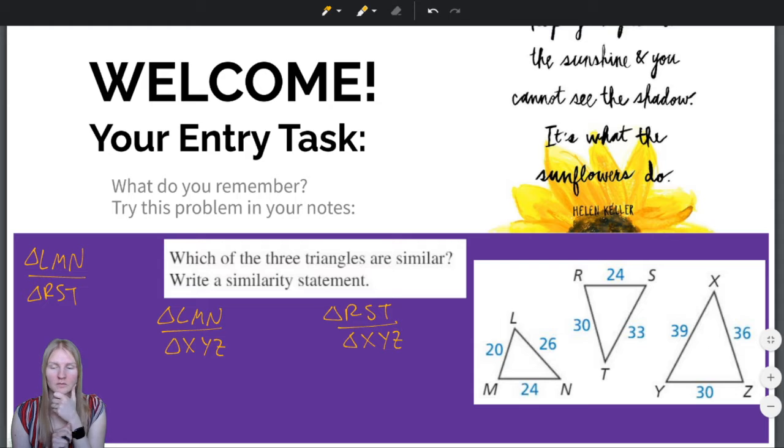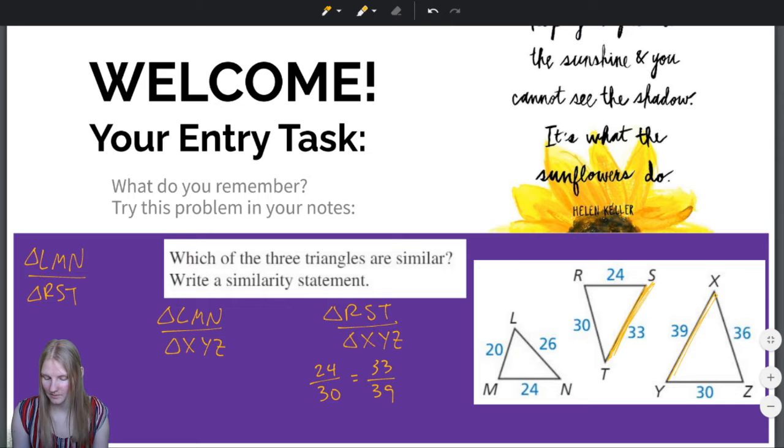So, do whichever one you want first. Since I have the most space over here, let's do triangle RST to XYZ. So we're going to find our shortest side, 24, and put it with our shortest side, 30. And we're going to do 24 over 30. That needs to be equal to the longest side, 33, and the longest side, 39.